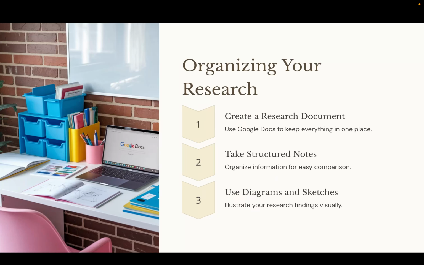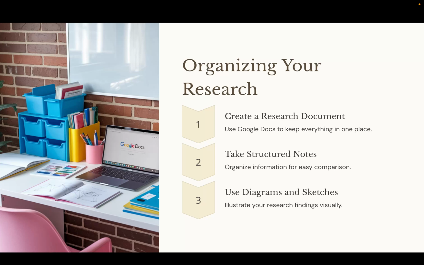Organizing your research. Good research is only useful if it's well organized. Here are three ways to keep your research structured. Create a research document. You may use Google Docs or Google Sites or any other tool to store all your findings.